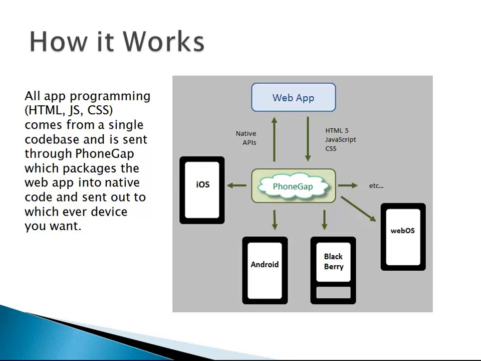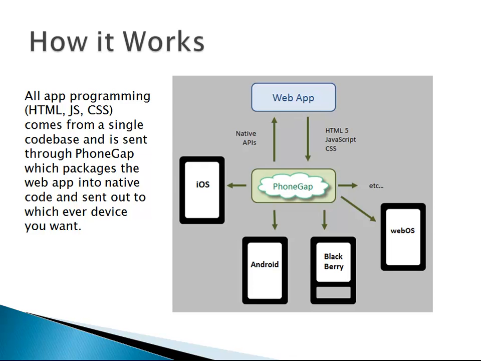You can use an IDE like Eclipse, which has an Android plugin, or Xcode on a Mac. But the recommended way and the easiest way is to use the PhoneGap build service. So if you go to build.phonegap.com, basically you just upload your HTML, JavaScript, CSS, and a config file, and it gives you the actual app to download, for instance the APK file for an Android.